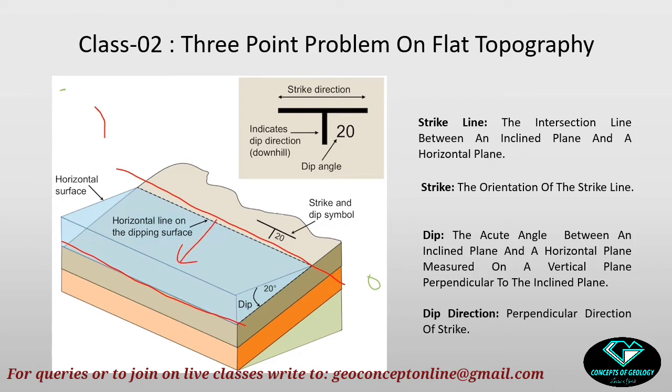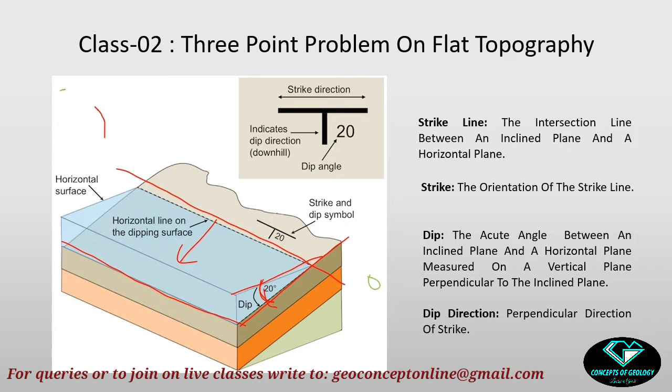So I will measure the inclination of this inclined plane through an acute angle on a vertical plane. That means this was the inclined plane, this was the horizontal plane, and this angle will be the dip of the inclined plane.